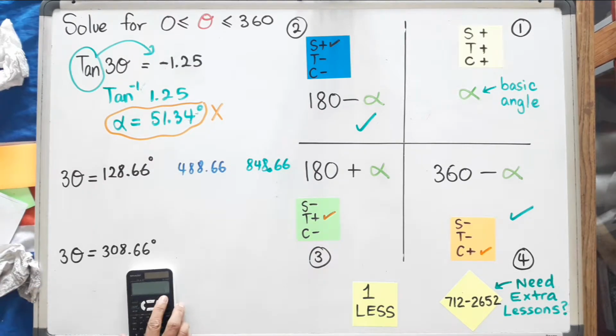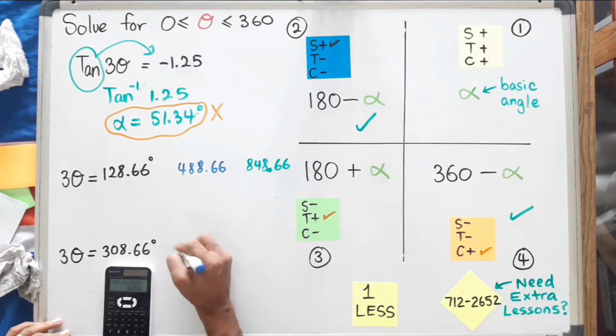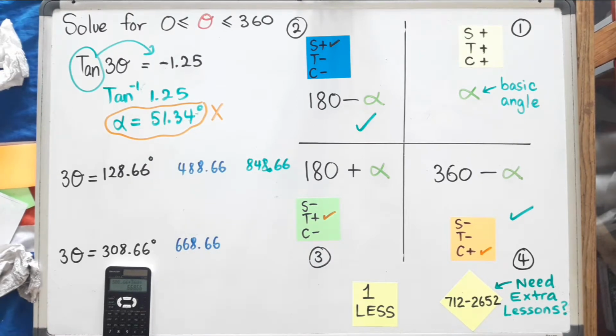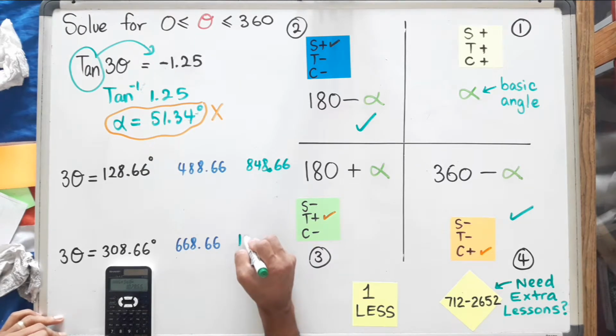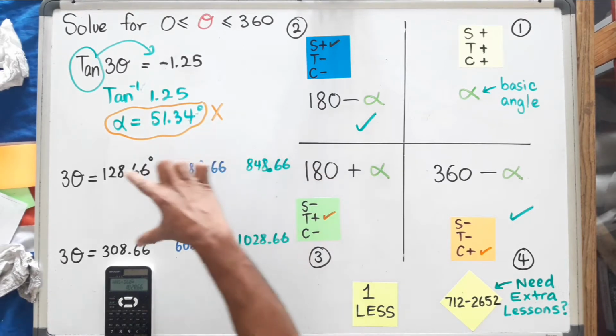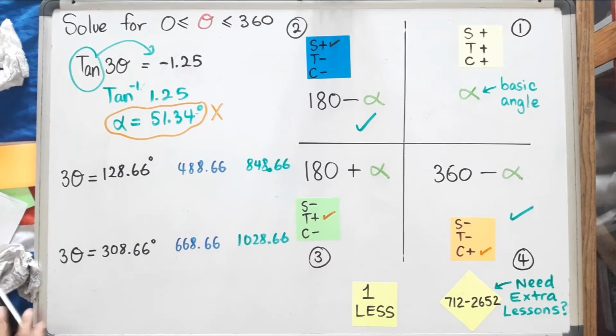Let's do the same thing here. 308.66 plus 360 will give me 668.66, and we add another 360 to this answer, we are going to get 1028.66. But 2, 4, 6 answers are all equal to 3 theta.